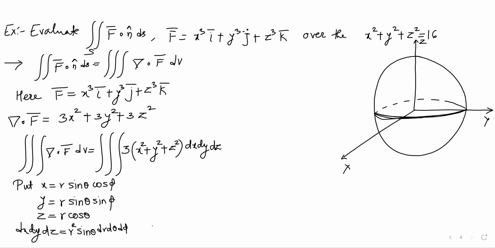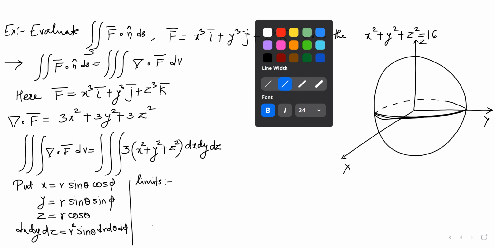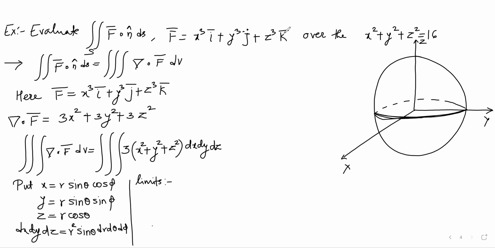That way you get it. So now how to decide the limits? That's the main part. What I'll do is put a knife. Suppose this is an orange. You just slice it like this.